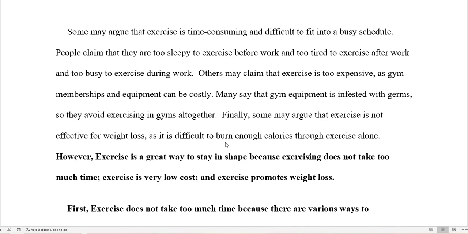For instance, if my argument is that exercise is a great way to stay in shape, then the other side will say, well, exercise is not necessary. People don't need to exercise. Exercise is just too expensive, and everyone is just too busy to exercise. So you have your entire first part of your introduction talking about what the other side thinks.